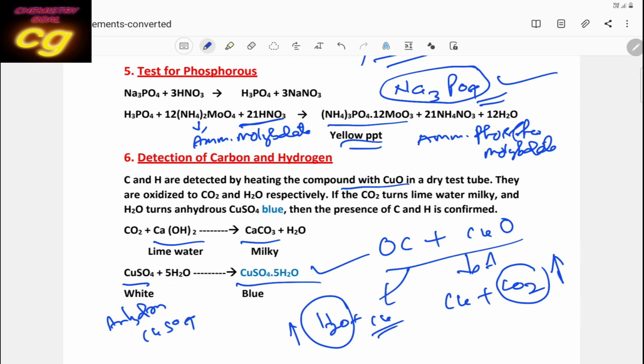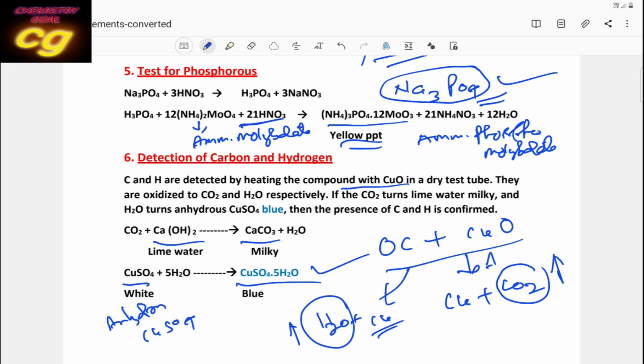White copper sulfate converts to blue because water is added to the copper sulfate, forming a complex compound, CuSO4.5H2O. It is hydrated copper sulfate, that is pentahydrated copper sulfate, color is blue. That white changing to blue indicates the presence of water. So water comes from the organic compound because the organic compound contains hydrogen.